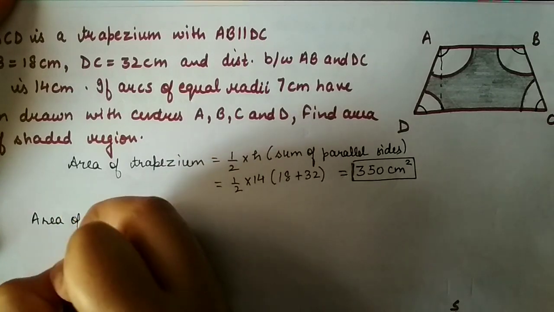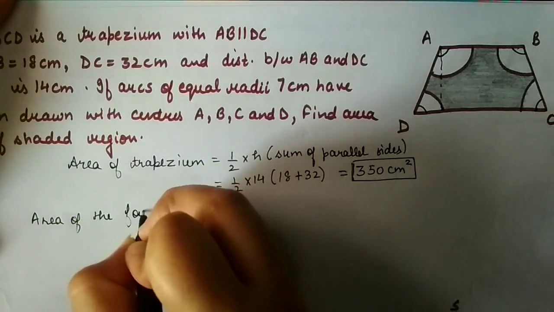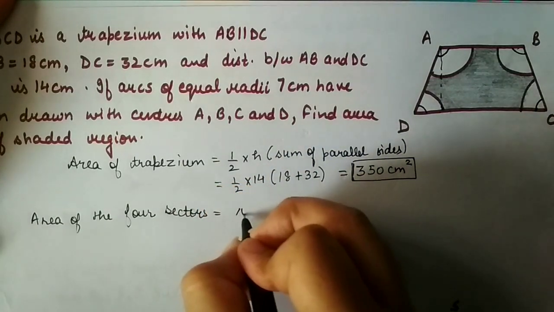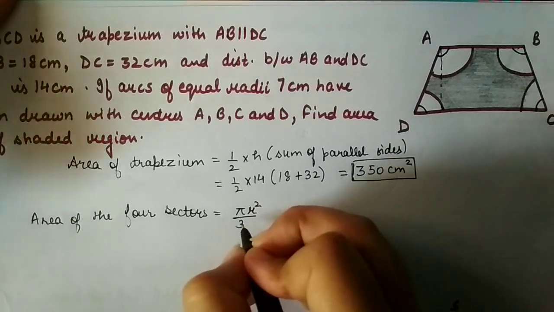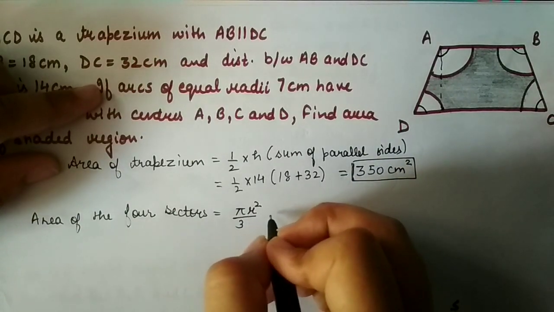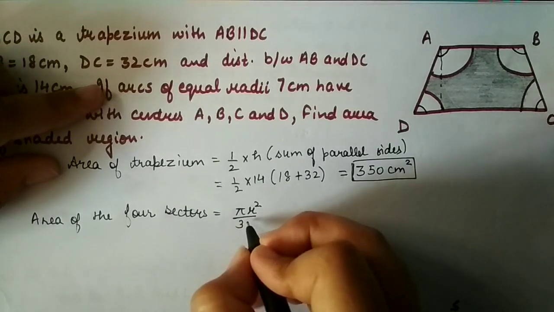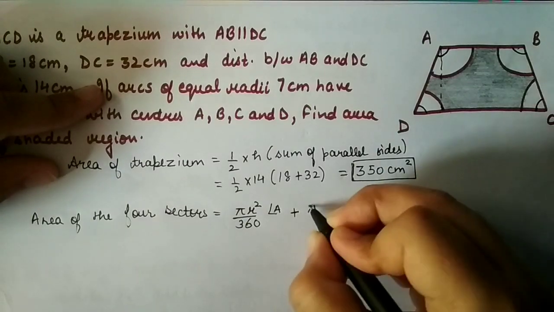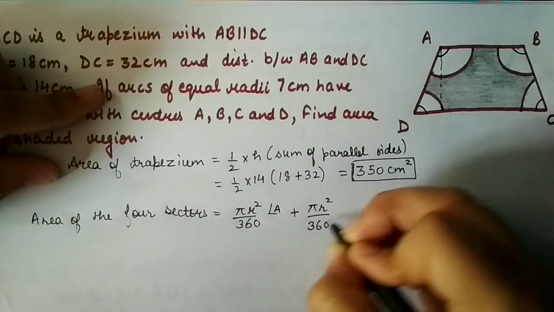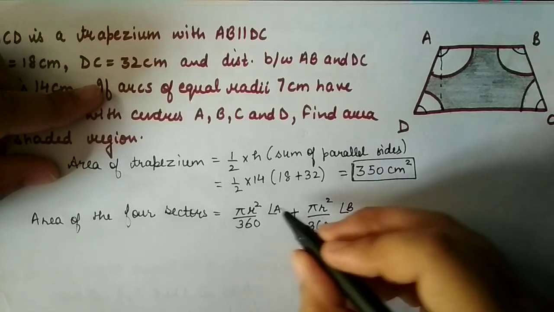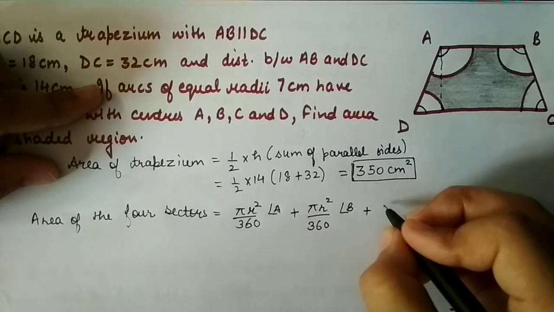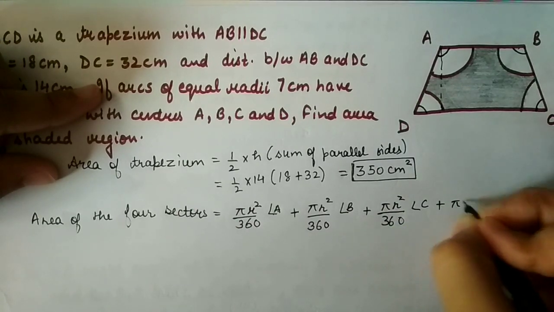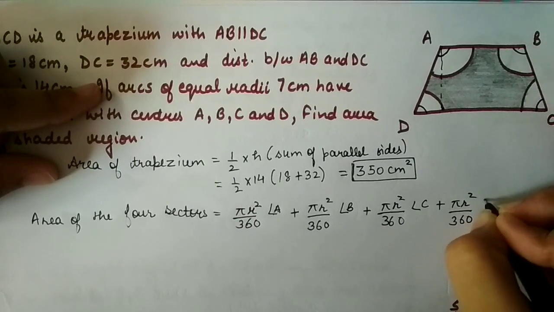Area of the four sectors is pi r square by 360 into angle A plus pi r square by 360 into angle B plus pi r square by 360 into angle C plus pi r square by 360 into angle D. Here r is the radius, which is the same for all the sectors.